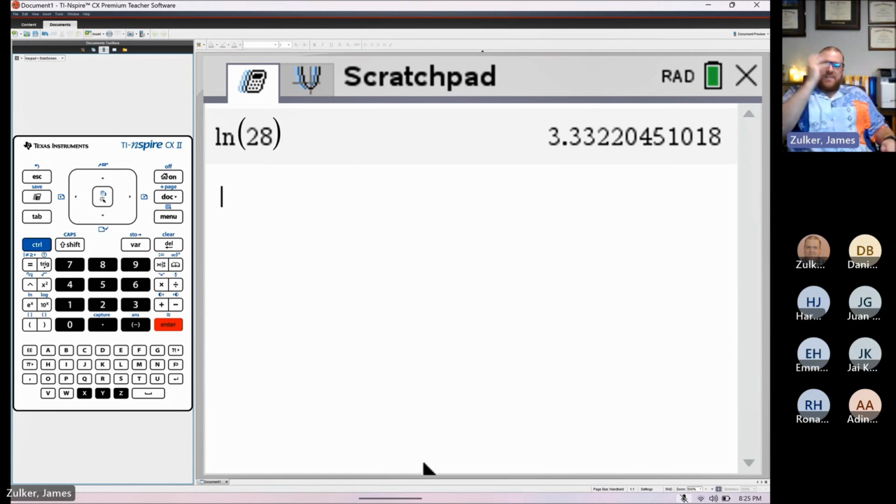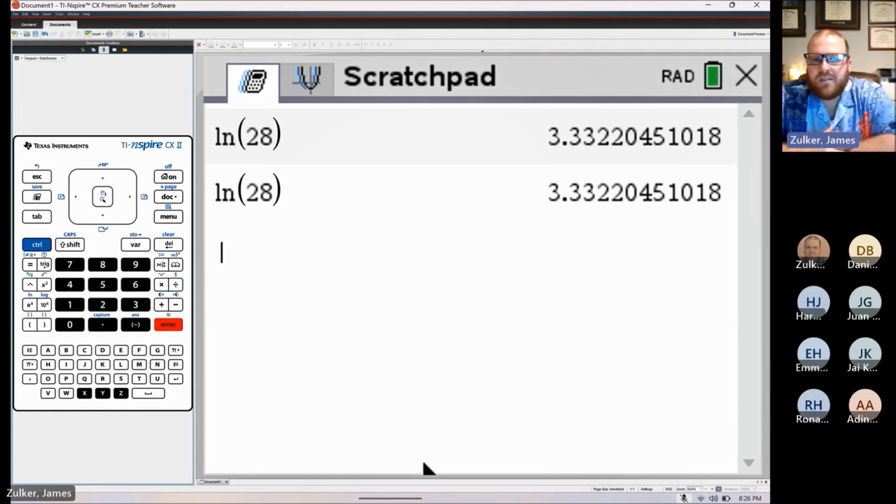Now, what about if it's a base other than e? This is where it depends on your calculator. Right, so first off, I can also just type in ln for natural log, and then parentheses 28, and it'll give me the same thing.